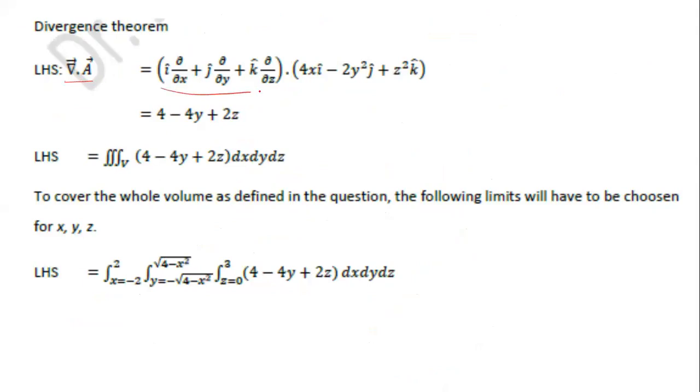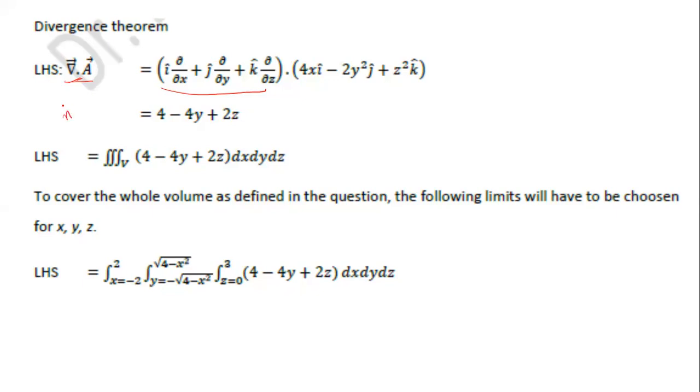Del operator is this. So when you perform a divergence, please do not forget to put the dot product sign. If it's going to be a cross product, put a cross product. If it's going to be a dot product, put a dot product. In vector analysis, putting a vector sign on top of the del and on top of the vector, and also putting a small cap, matters.